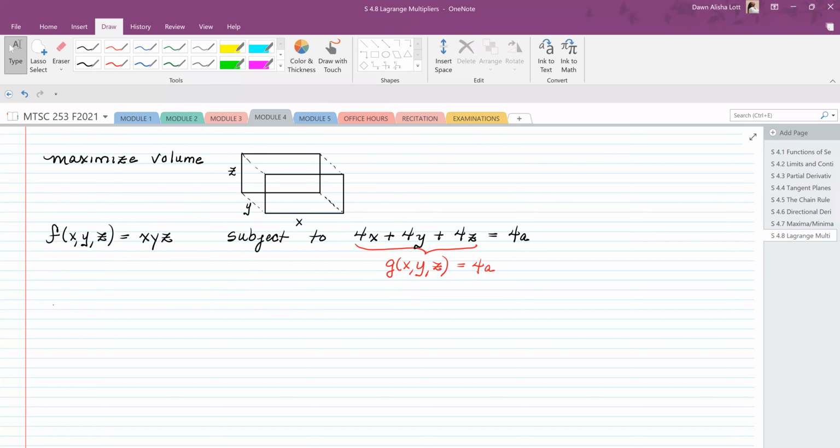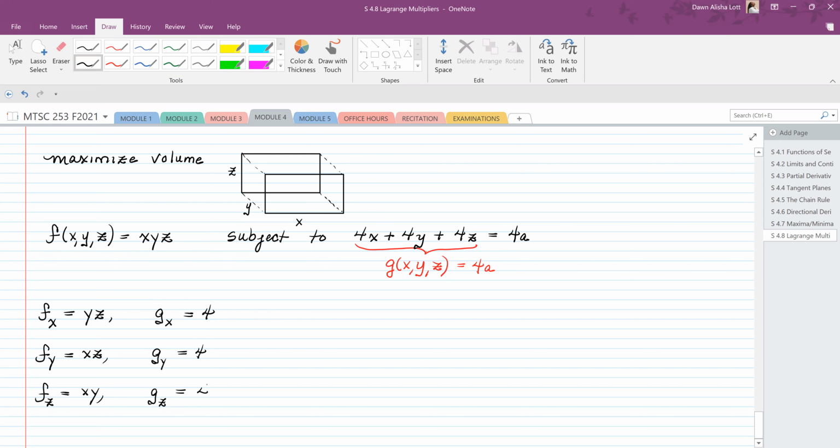So again, F sub X is YZ, F sub Y is XZ, and F sub Z is XY. G sub X is 4, G sub Y is 4, and G sub Z is 4.